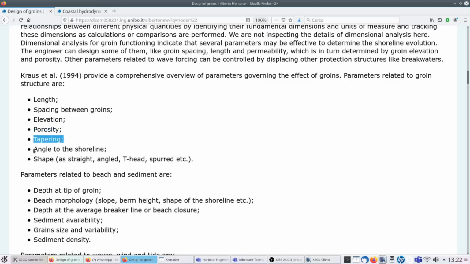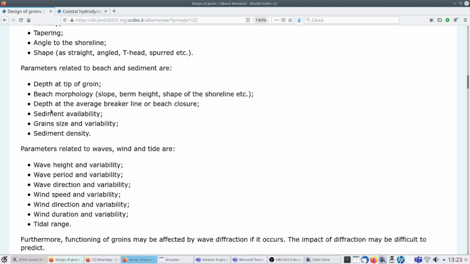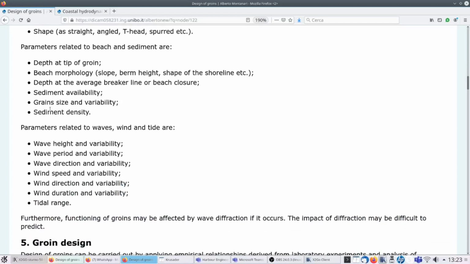Angle to the shoreline, and as I said before, they can be perpendicular or can be placed at an angle. And then there is shape. For instance, the T-shape is important. And then their effect depends on parameters related to beach and sediments.